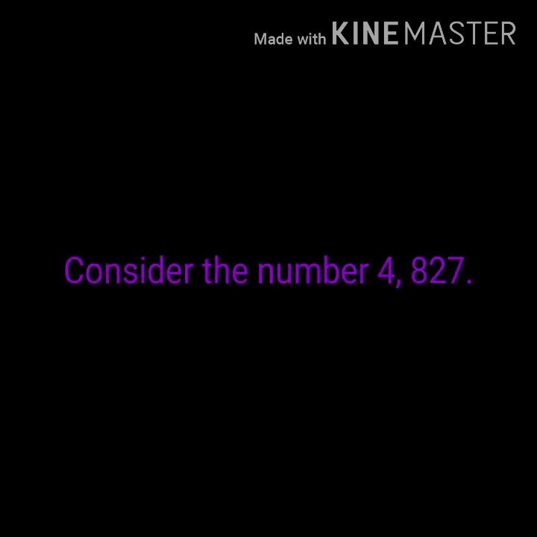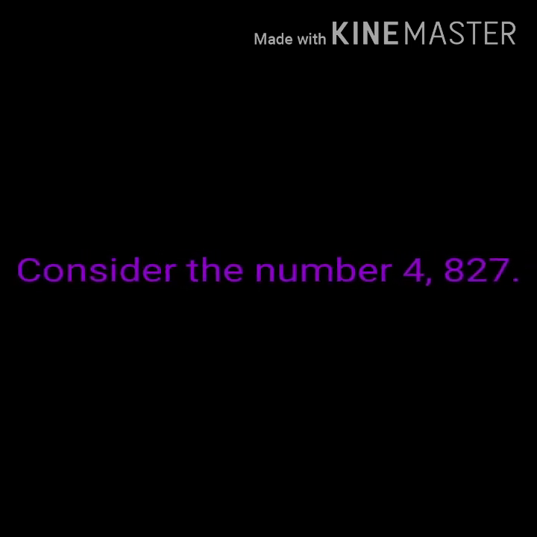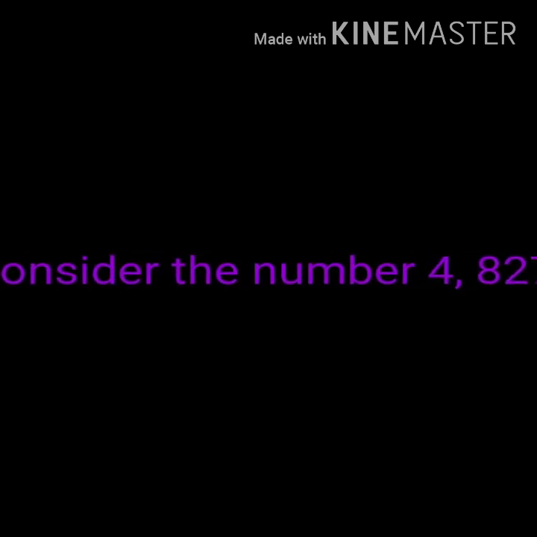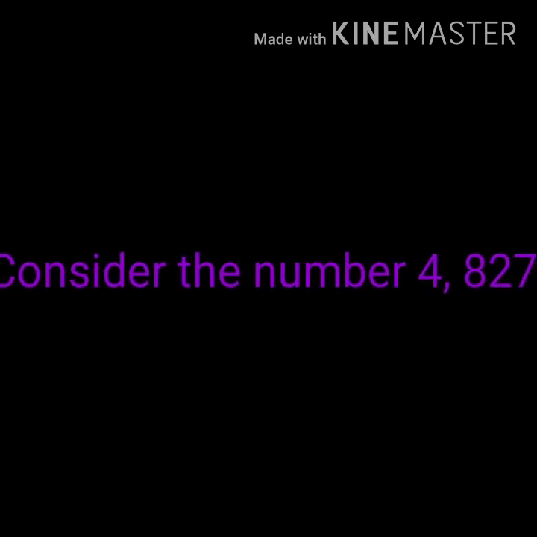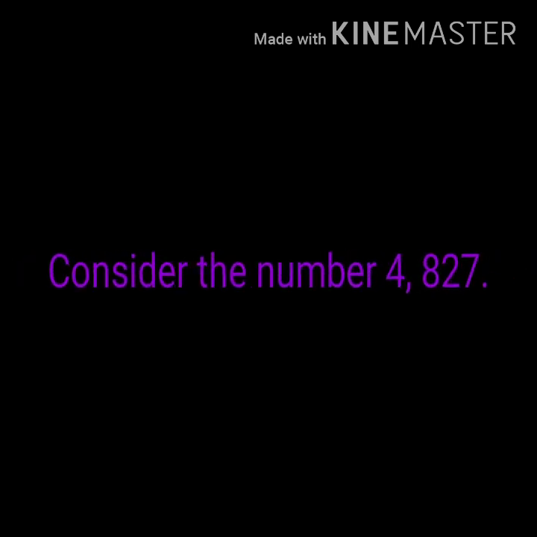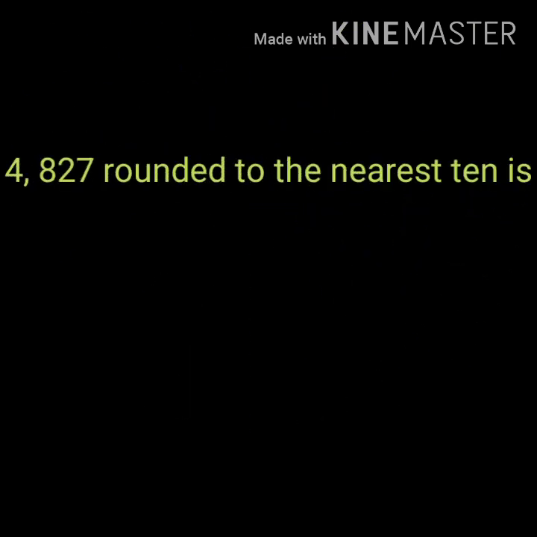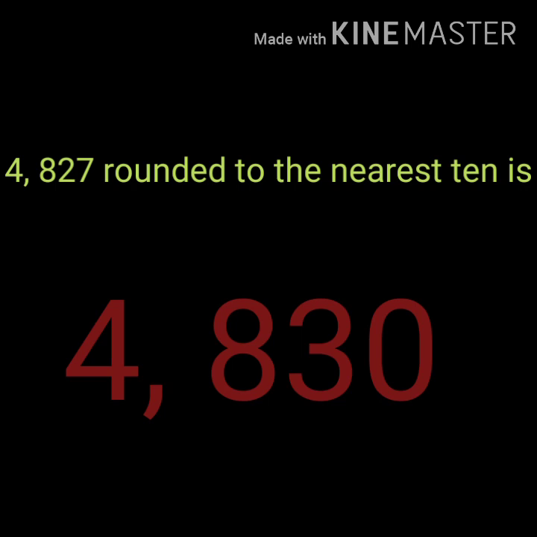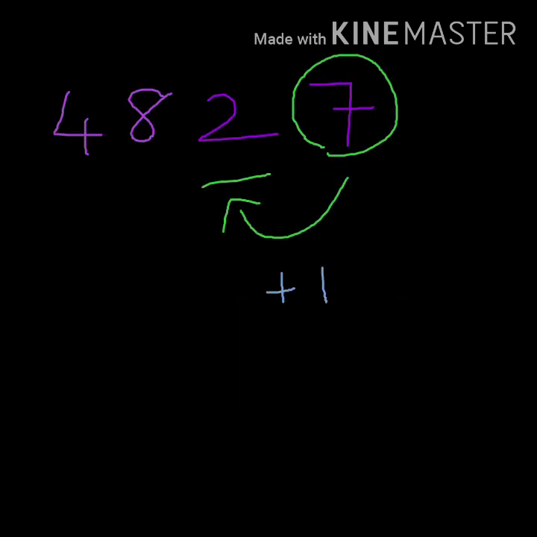I am taking the example 4827, right? So all things I'm going to round off here. 4827 rounded to the nearest 10 is 4830, because you're going to round off the tens place, right?